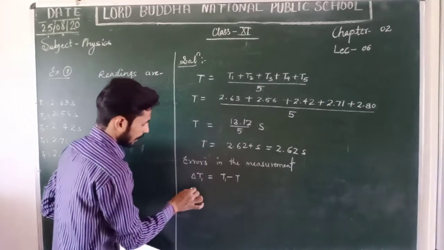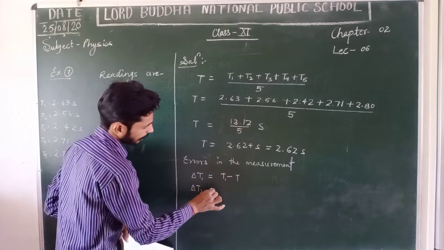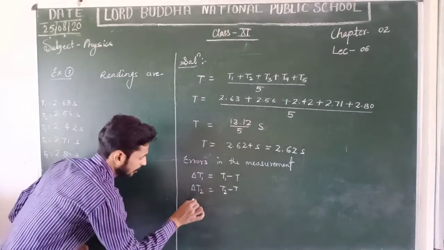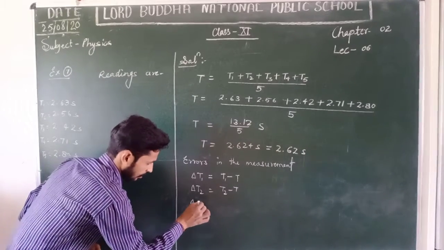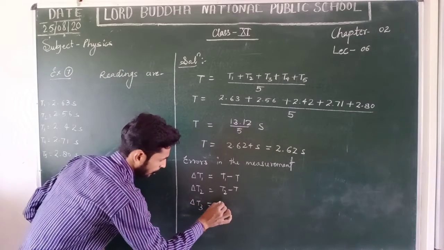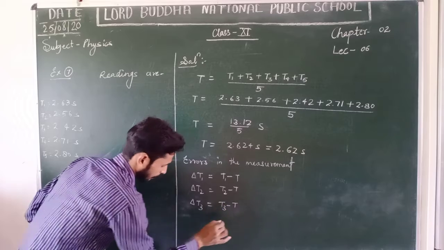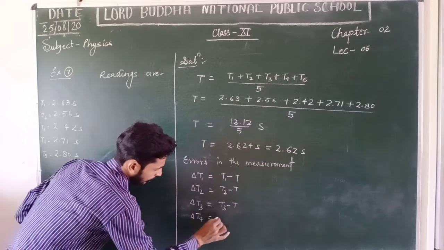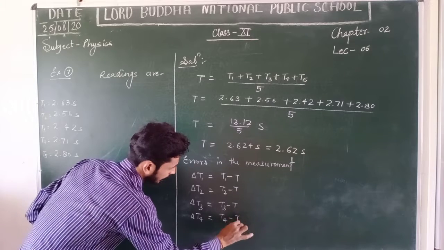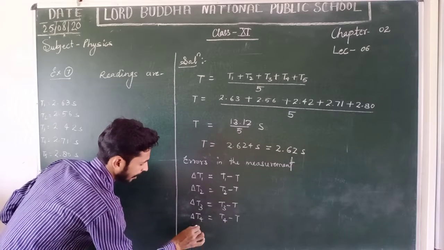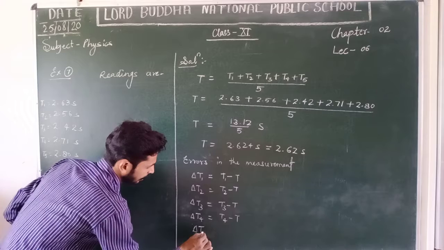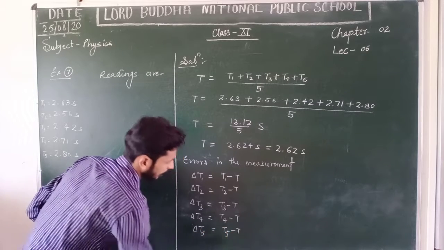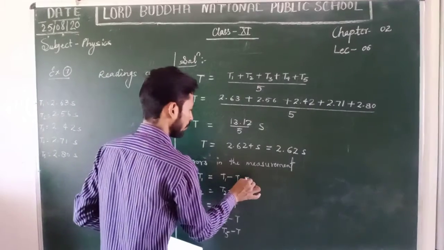Delta T2 equals T2 minus T, delta T3 equals T3 minus T, delta T4 equals T4 minus T, and delta T5, the error in measurement 5, equals T5 minus T. So put the values.